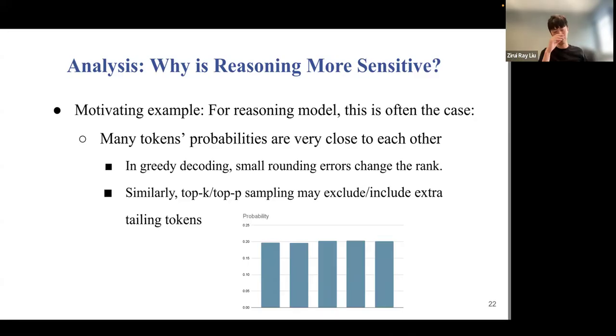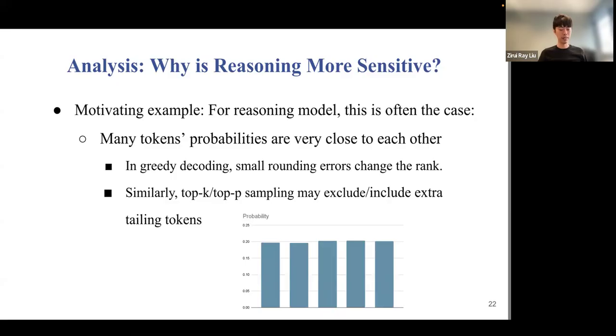With small rounding error, if the tokens are very close to each other, in different runs you may exclude a different set of tokens. So with top-K, in some cases a token is in the pool, but in other cases it is not, even though they are in the same decoding step. That's why sampling is also sensitive to this issue.